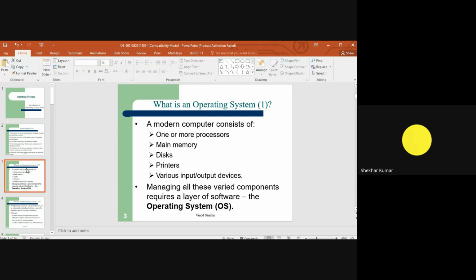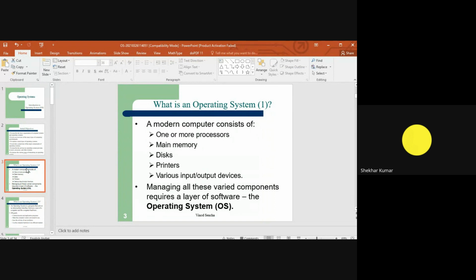We cannot directly contact with the computer hardware. So there is a requirement of an interface between the machine and us. This software, which is used for this interaction, the interface, is called your operating system.